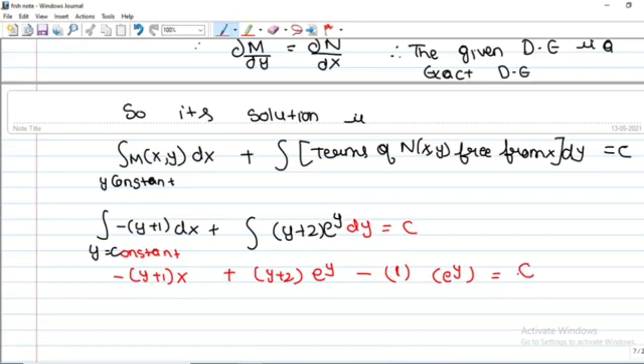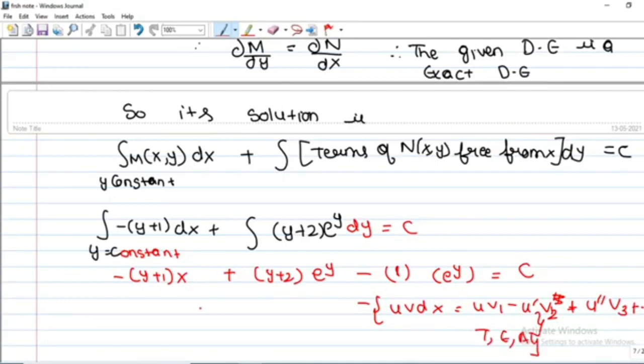So after this it will be c. You just need to remember that formula which I told you. Let me tell you the formula also, which was the integral of u v dx is equal to u v1 minus u dash v2, plus, after this plus will appear u double dash v3 and so on. Only in the case of trigonometric, exponential and algebraic, remember that, that is also very important.